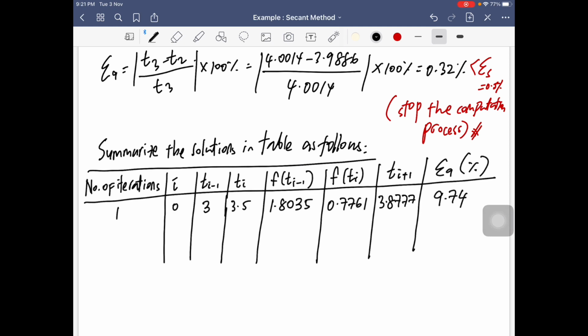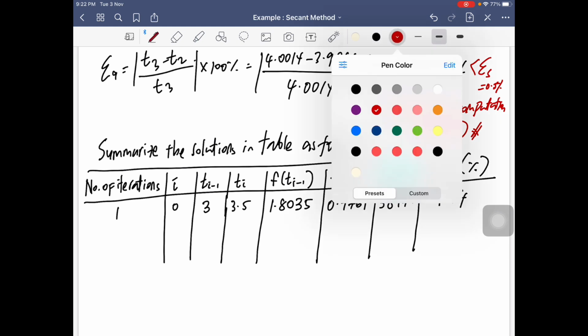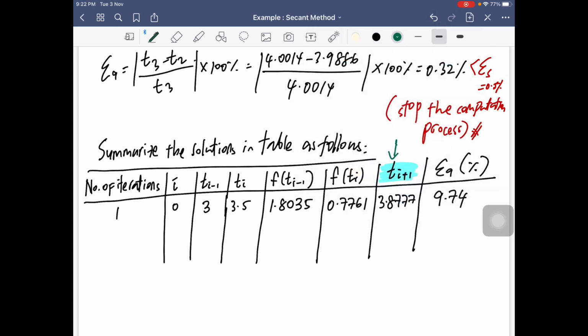Okay, so if we summarize in a table as follows, at this point is the calculation of secant methods. Here is our secant method formula. At this column here, you calculate by using the secant method formula.